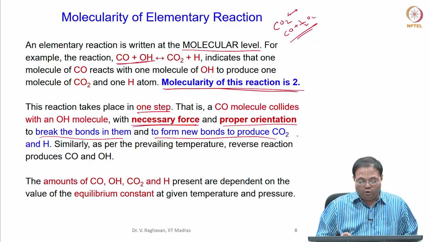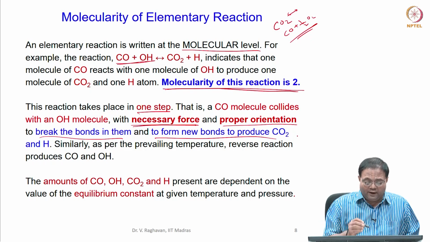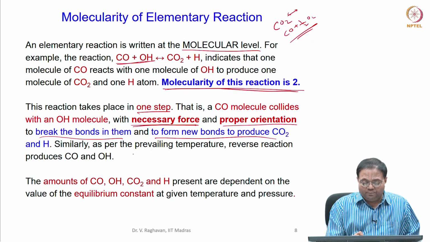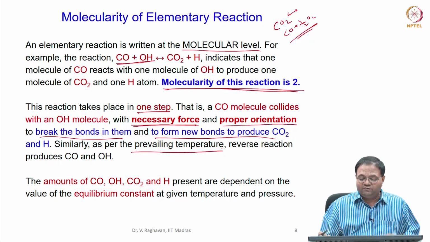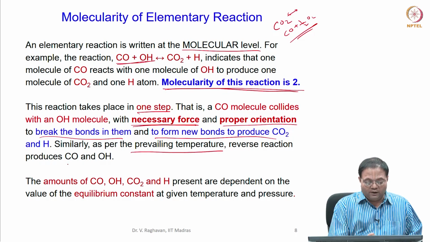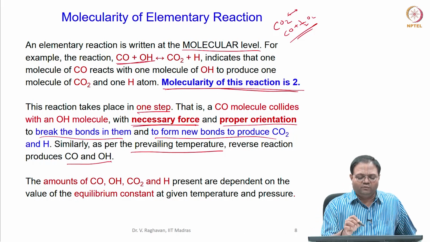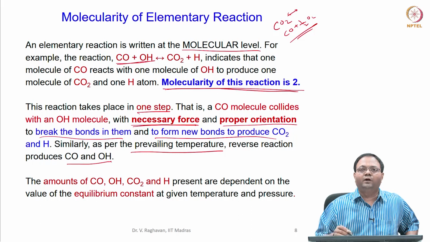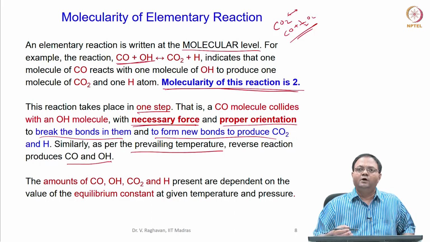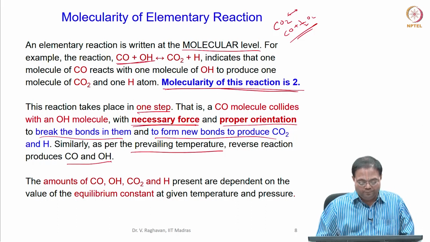Again, you can see that similarly, at the prevailing temperature, the reverse reaction also can happen and CO and OH can be formed. This is also very important. Under some conditions the forward reaction will be favorable, under some conditions the reverse will be favorable. This we have already seen in chemical equilibrium.